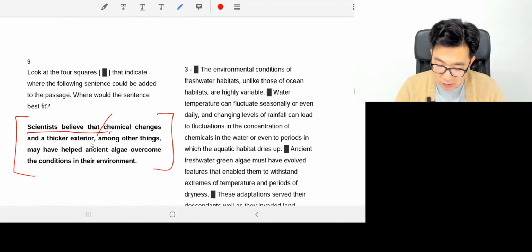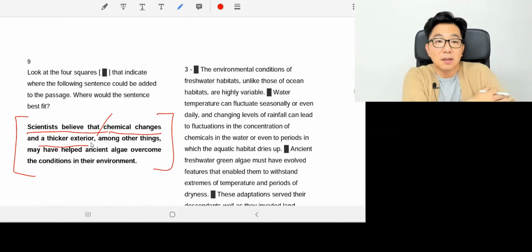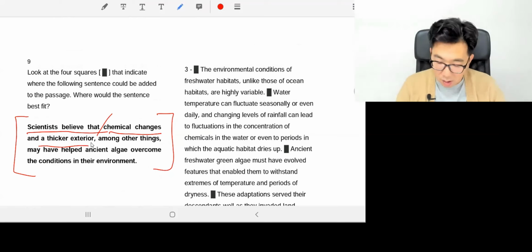Okay, so chemical changes is a detail, and thicker exterior, so their outside got thicker, among other things, plus some other adaptation changes, may have helped ancient algae overcome the conditions in their environment.